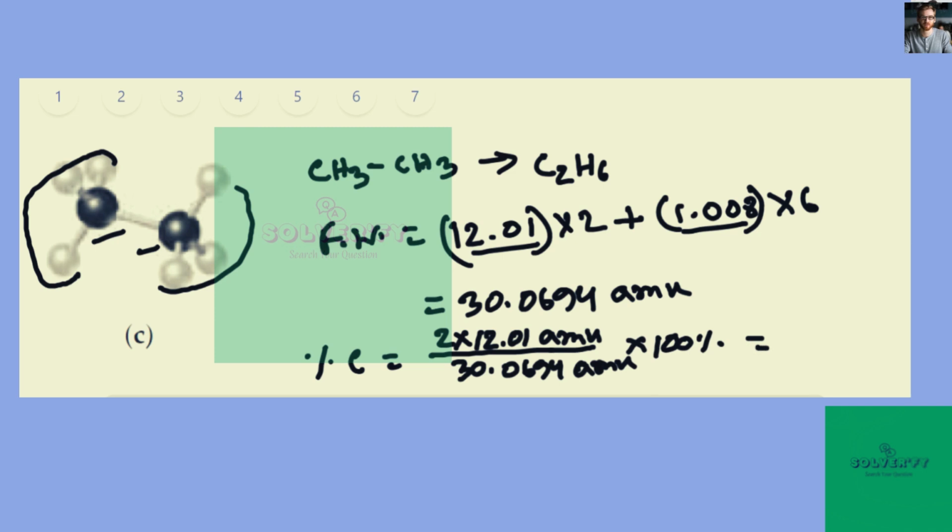It will give us 79.88%. So this is the mass percentage of carbon in C2H6.